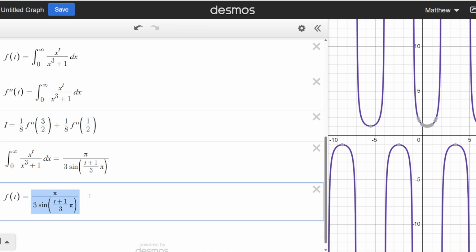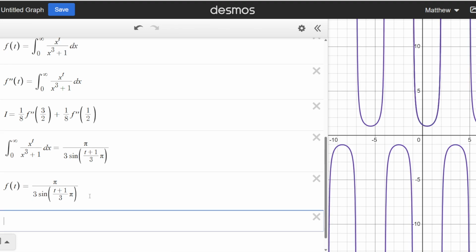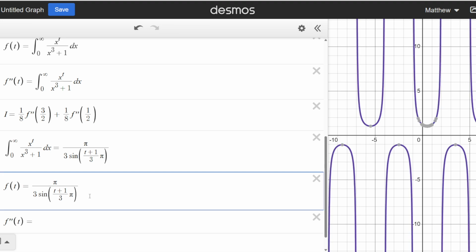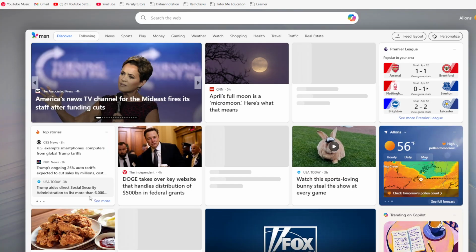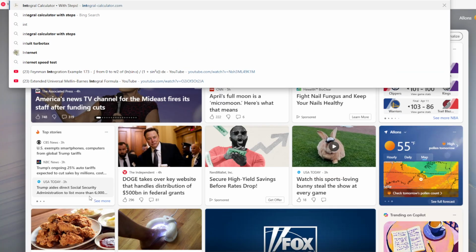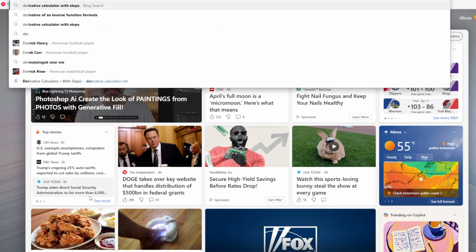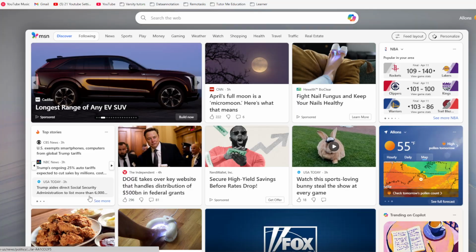And I'm going to use an online derivative calculator for that. We're going to say f double prime of t is equal to, let's see, let's go into our derivative calculator with steps.